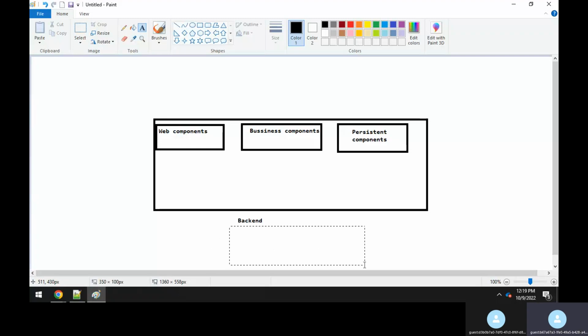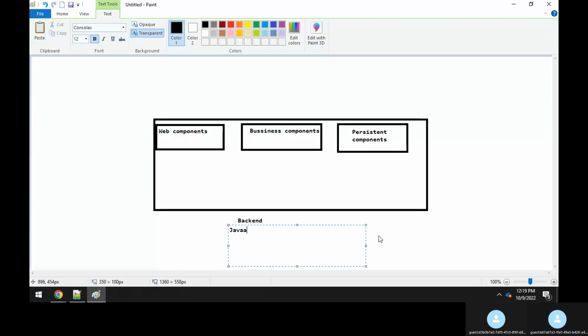For developing this backend you would use some language or technology, for example Java 1.8, Spring Boot 2.x, Hibernate 5.6, or else PHP, Ruby, or Python. You can use any language to develop the backend component of your project.